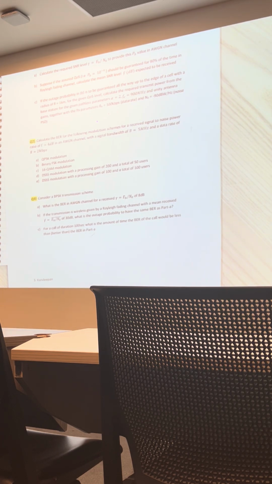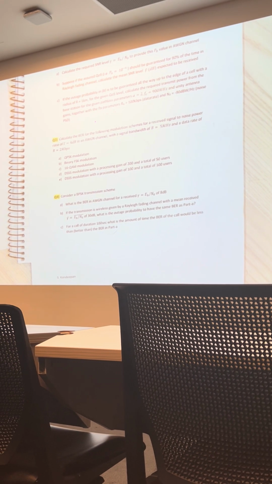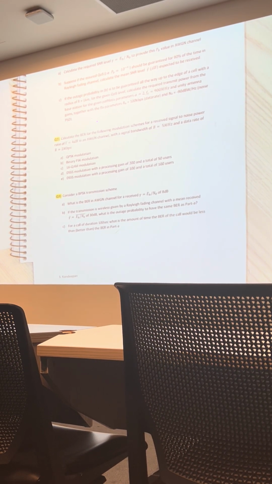And for the Rayleigh fading channel, you can refer to week 4 slides if you want for the outage probability in Rayleigh fading channel. Let's see if you can find the outage for this transmission.